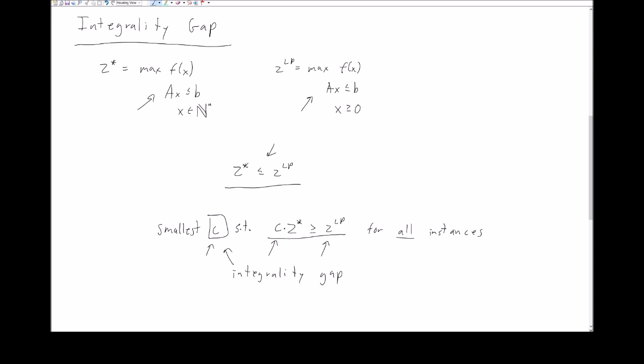We'll see examples of integrality gaps in both the problems and the exercises that we do. An important point about the integrality gap is that this constant c is going to make this inequality hold for all instances of the problem. This constant c is defined for all instances, not just some instances.